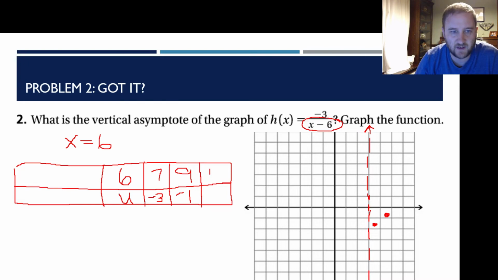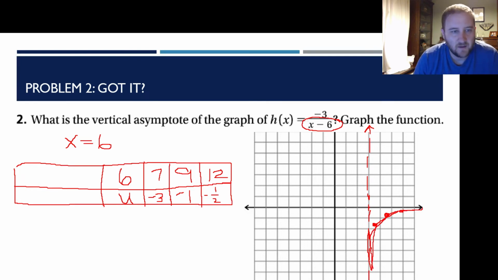Let's say 12. 12 minus 6 is 6. -3 over 6 is -1/2. So 6, there's 12, -1/2 is about right here. So you can see we've got a curve. Oh, it's hard to draw these with a mouse.